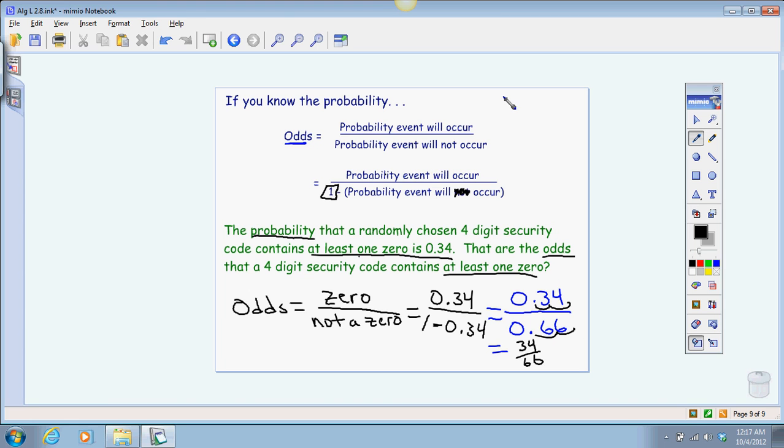Okay? And I'll rewrite it up here: 0.34 over 0.66 is the same thing as 34 over 66, but we can take it one step further. We can divide both top and bottom by 2, treat it just like a fraction or a ratio, and we end up with 17 over 33.